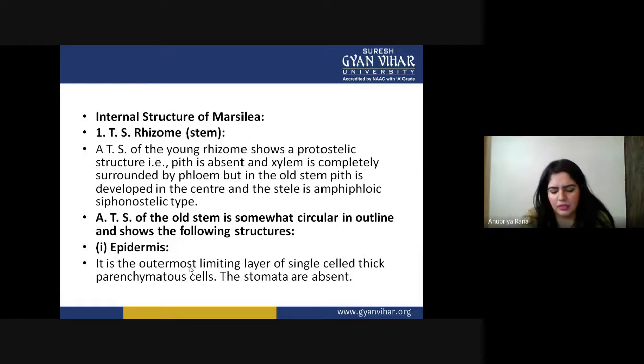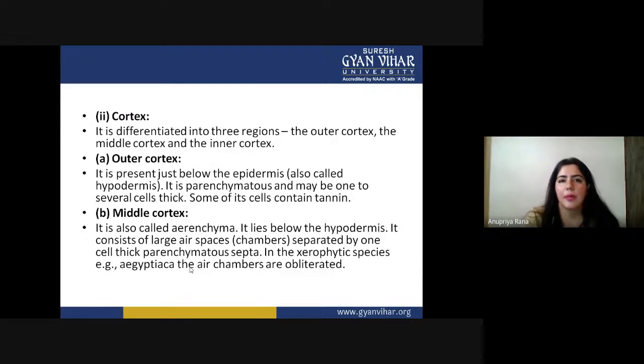Stomata do not need to be present here, because if they are present on the surface, the transpiration rate will be very high. In the rhizome there will be no stomata present; stomata will be present on the leaves.